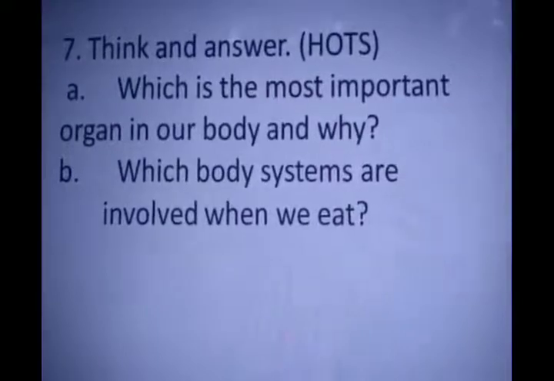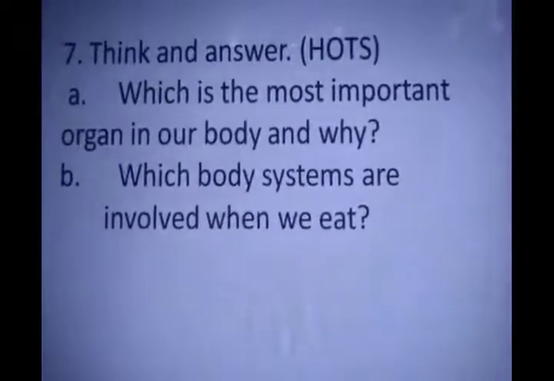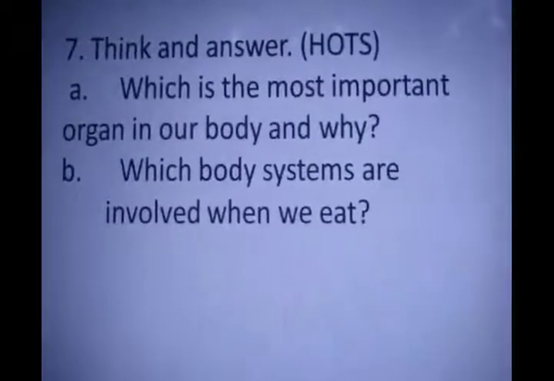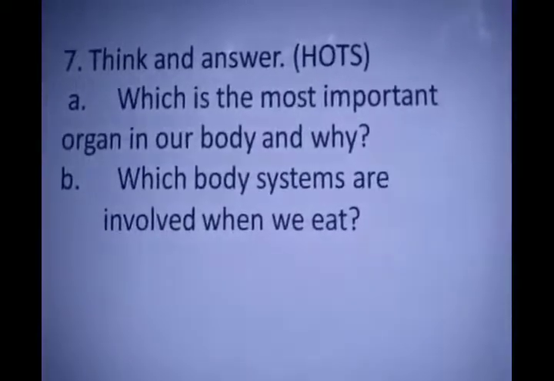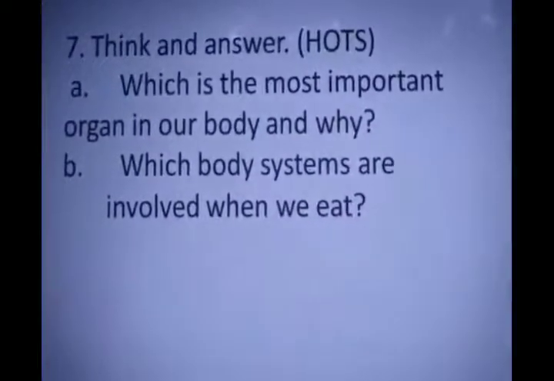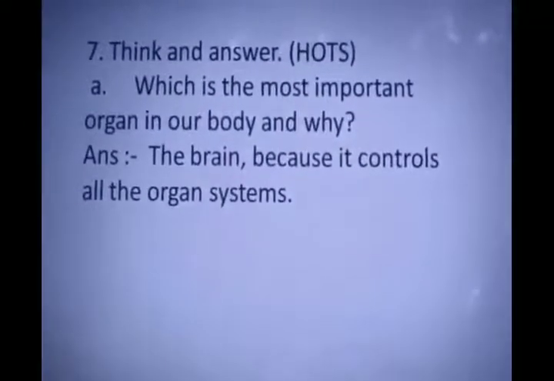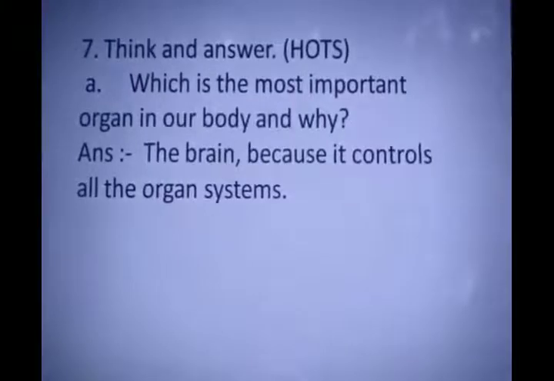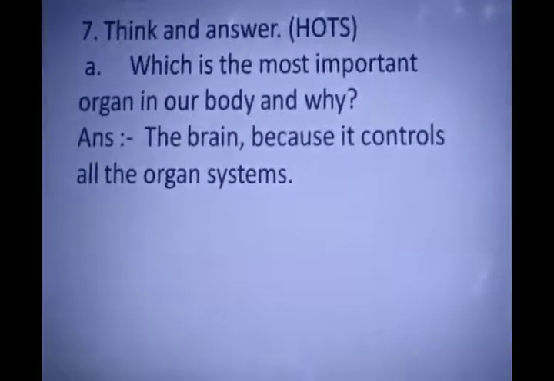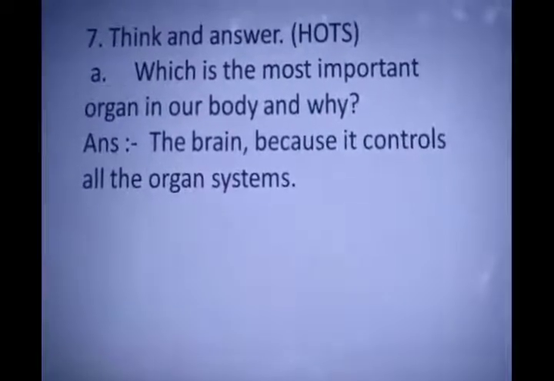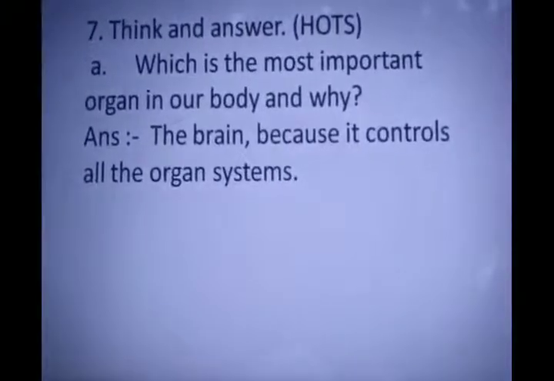The brain controls all the organ systems present in our body, and it is called the master of our body. So, which is the most important organ in our body and why? And the answer is the brain, because it controls all the organ systems.